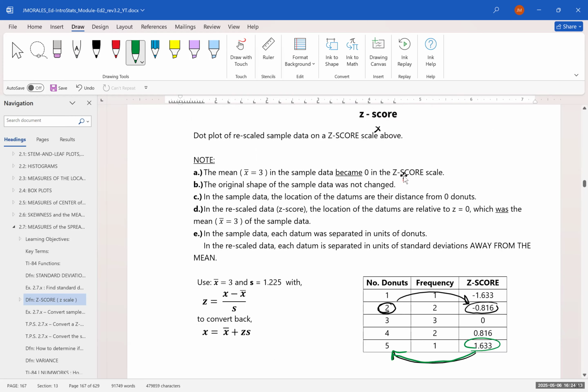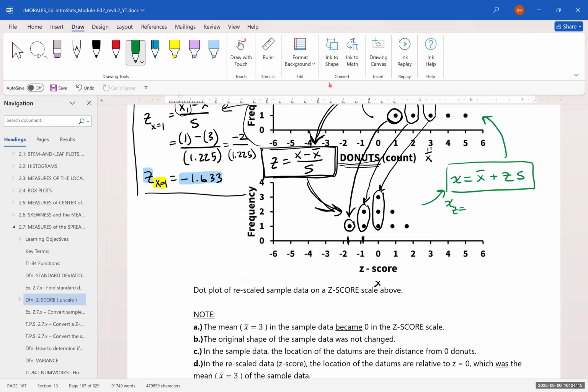So if z is 1.633, what's that on a donut scale? Our mean was 3, our z-score is 1.633, and our standard deviation was 1.225. I apologize for squeezing things in here.